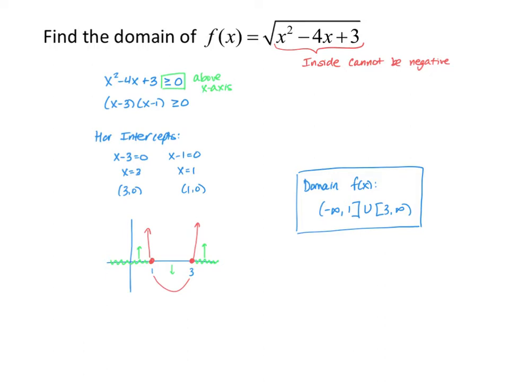We can factor the left-hand side and think about when those factors are equal to 0 to find our two horizontal intercepts. We know that our function is a U-shaped parabola opening upward because we have a equals 1 in our quadratic function. We are interested in where we are above the x-axis since we're looking at greater than, so the left side and the right side of the graph are up above the x-axis, giving us a domain from negative infinity to 1 or 3 to infinity.